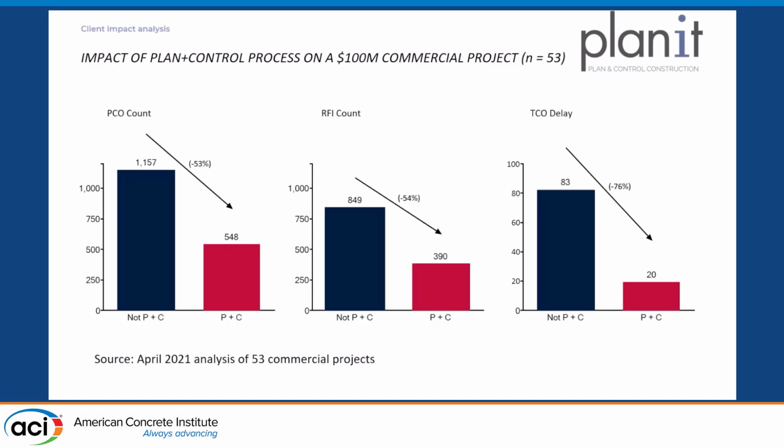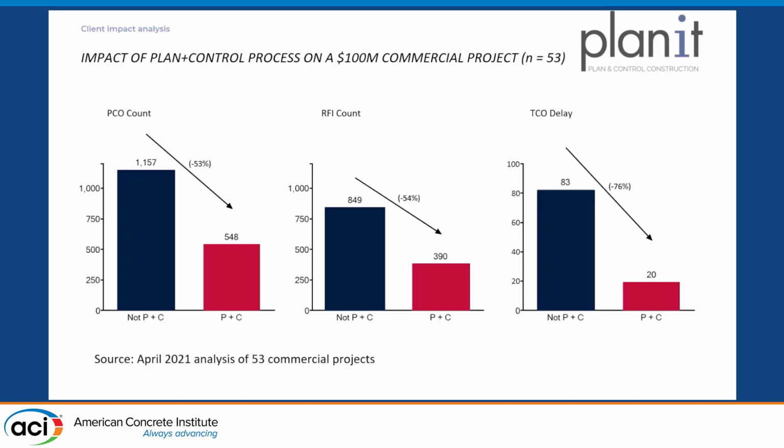What it basically shows is that they compared 53 large commercial projects over 100 million and monitored the PCO count, so potential cost impact or change impact, the RFI count, and the TCO delays.